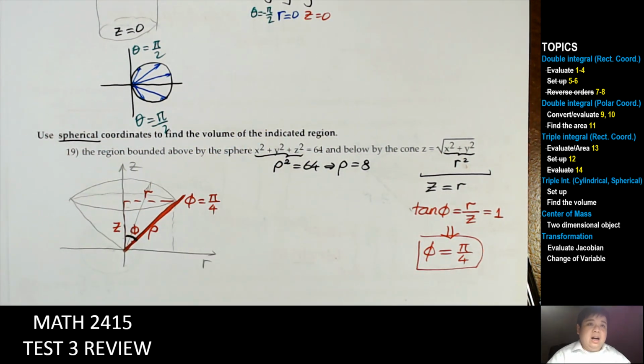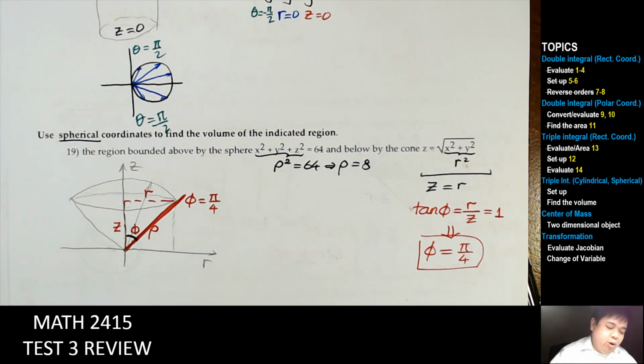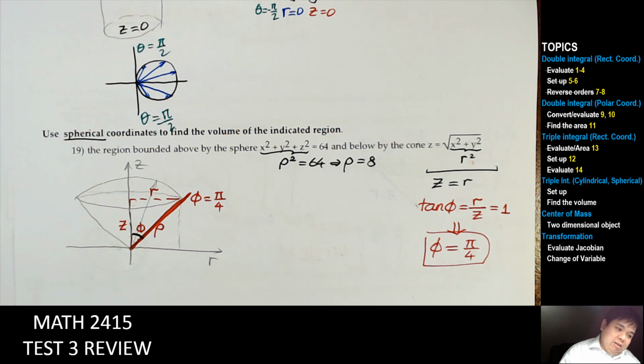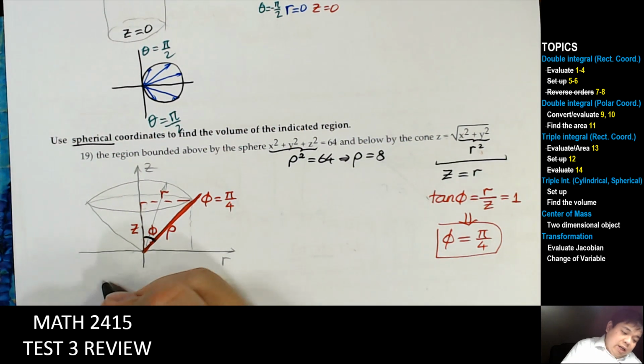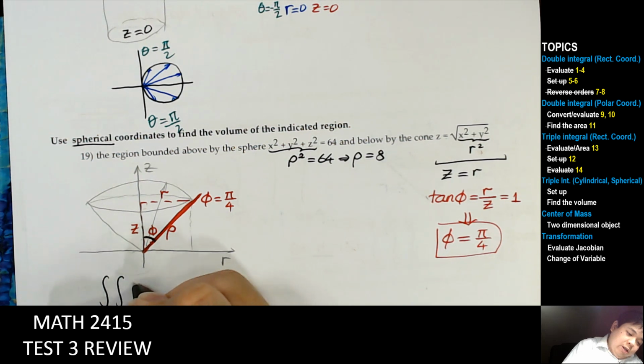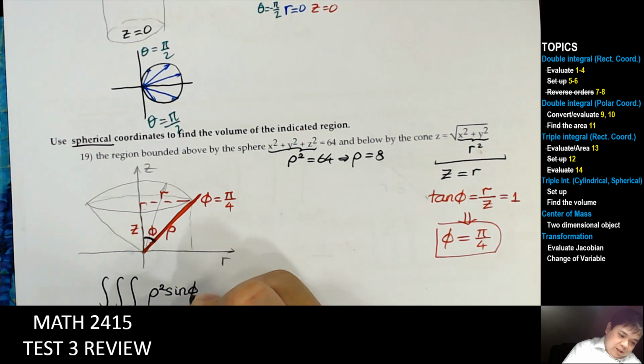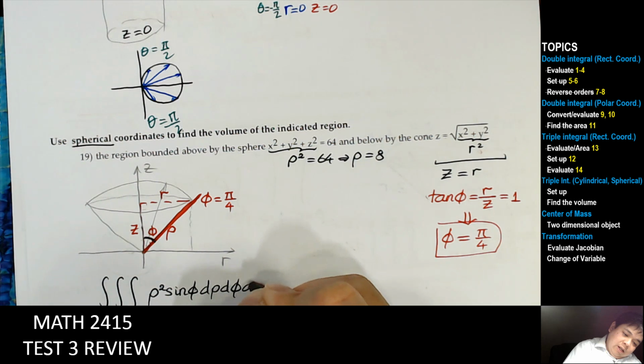And then the theta 0 to 2 pi, one complete revolution all the way around. Right. So triple integral in spherical coordinates, rho square sine of phi d rho d phi d theta.